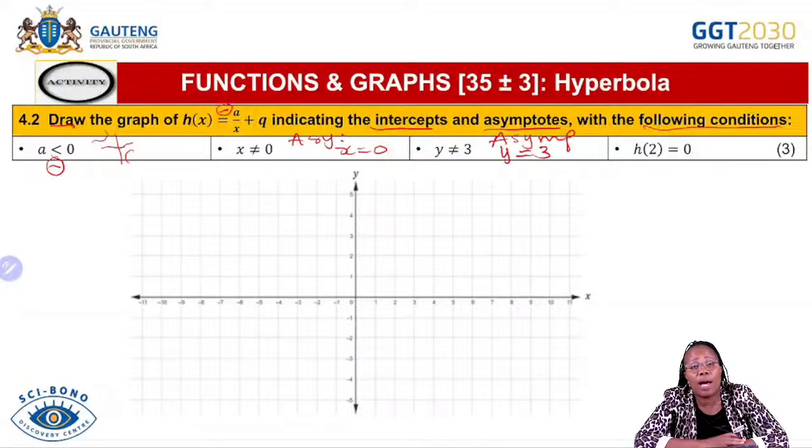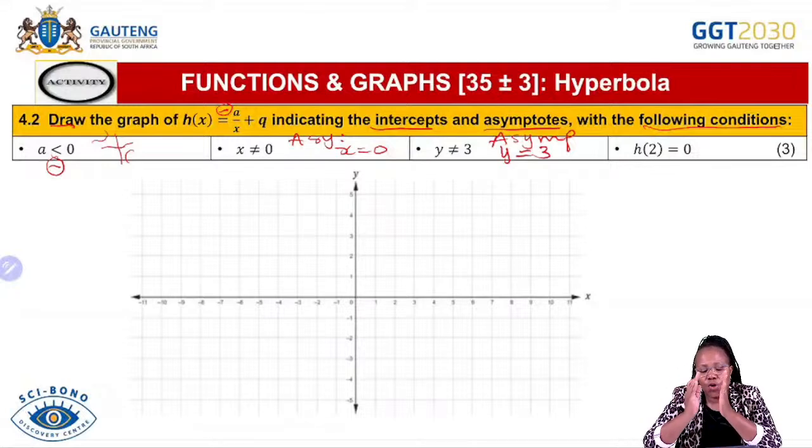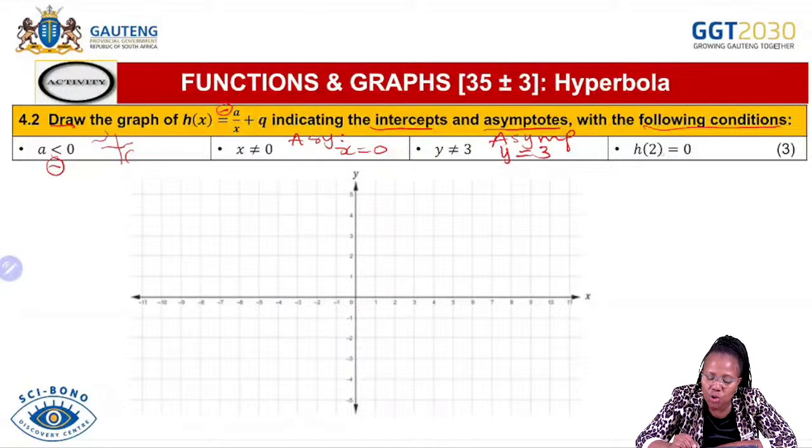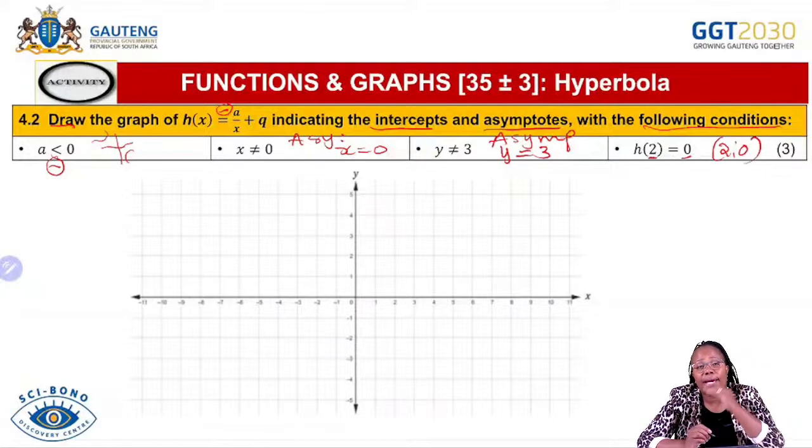That is why we cannot go to that point. Okay? And then the last one is saying that h of 2, when x is 2, y is 0. So this simply means we are having a coordinate that is (2, 0). Okay? We take this information now into the graph.